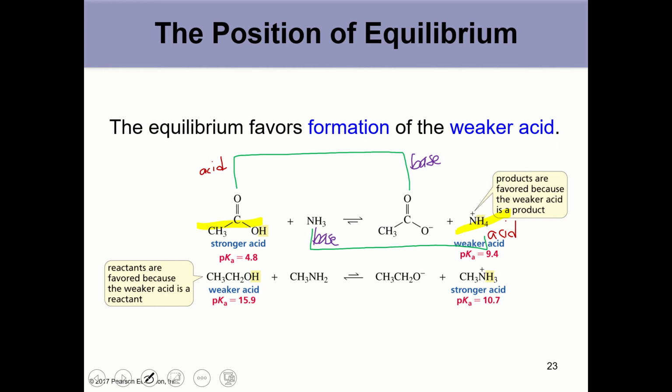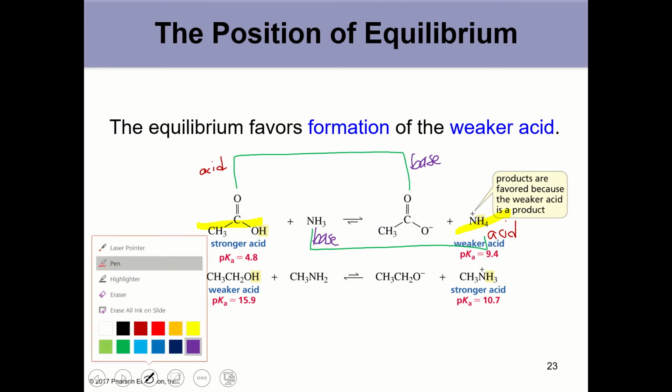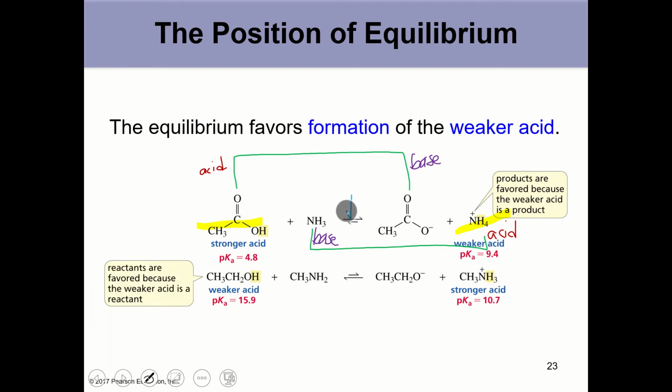Then the higher pKa acid is the ammonium ion, and the equilibrium should favor formation of the ammonium ion. And we can see how the book answers this question by looking at this arrow, which confirms that formation of the ammonium ion is favored.